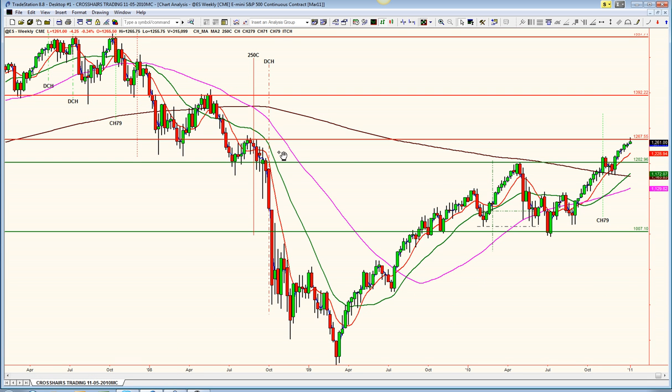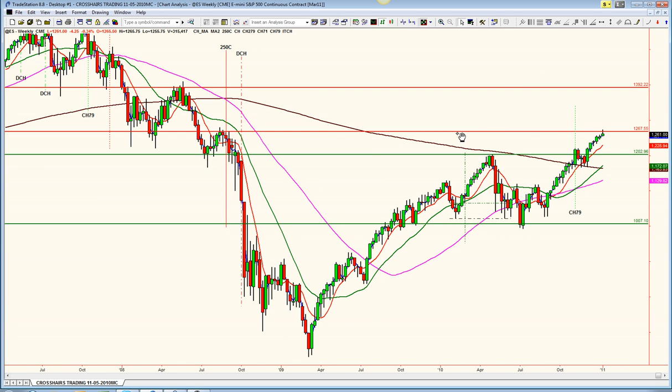It goes back to September, October of '08. Then our next level of resistance is about 1400, 1392. That goes back to April of '08. But right now we're at an area of potential resistance.